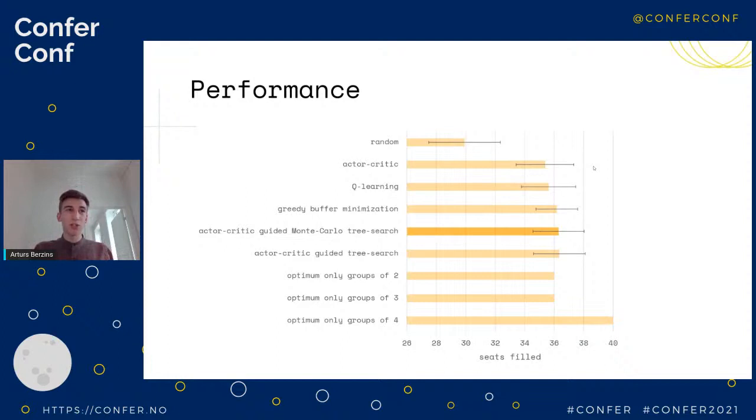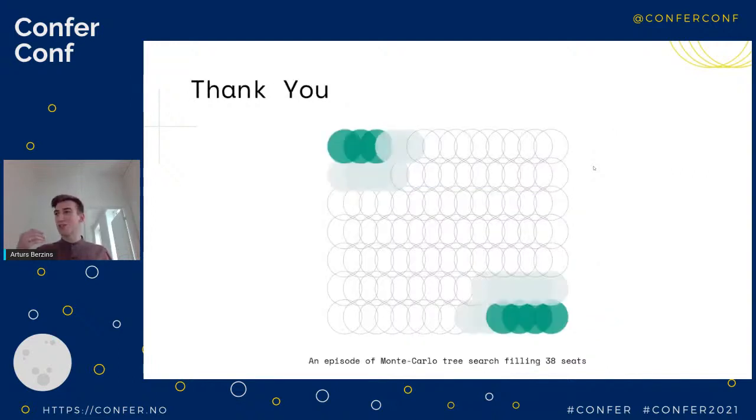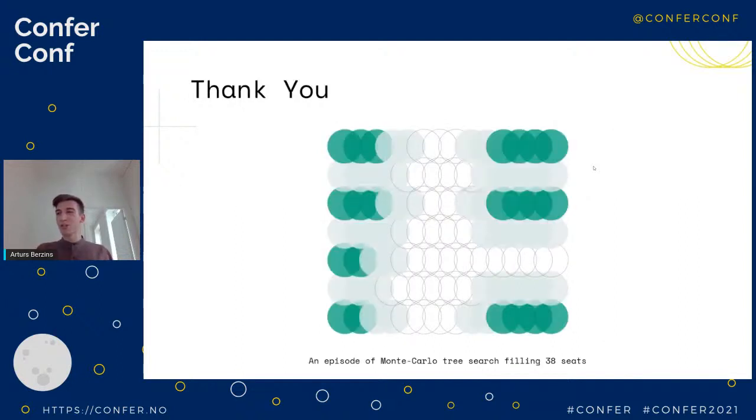And it turned out that if I turned off the neural networks, never asked for their opinion, never trained them, just did pure Monte-Carlo tree search, which allowed me to do a lot more iterations of tree search, it performed the best out of all methods. And so again, this reinforced the notion that planning is essential. And the fact that complex methods, although they offer a large potential, are also finicky to get to work.